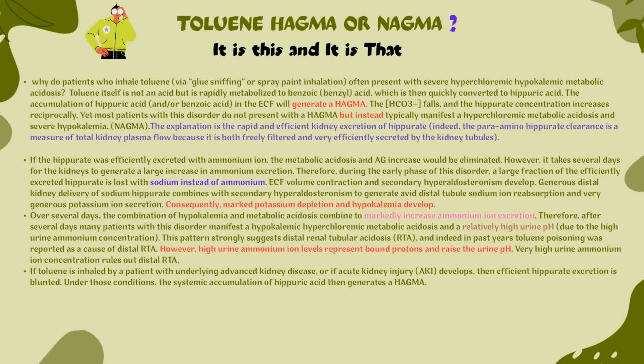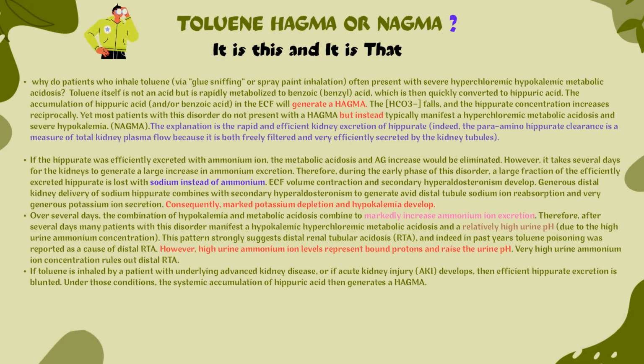In toluene toxicity, the kidneys are functioning normally and you will end up having a high urine ammonium concentration. Whereas in distal type 1 RTA, the primary defect is a hydrogen ion secretion defect, and if you measure the urine ammonium level, it would be low. Thus, toluene is not a type 1 RTA.